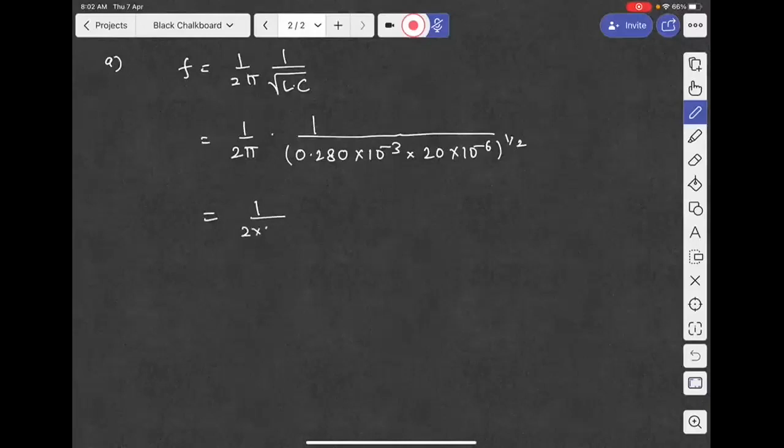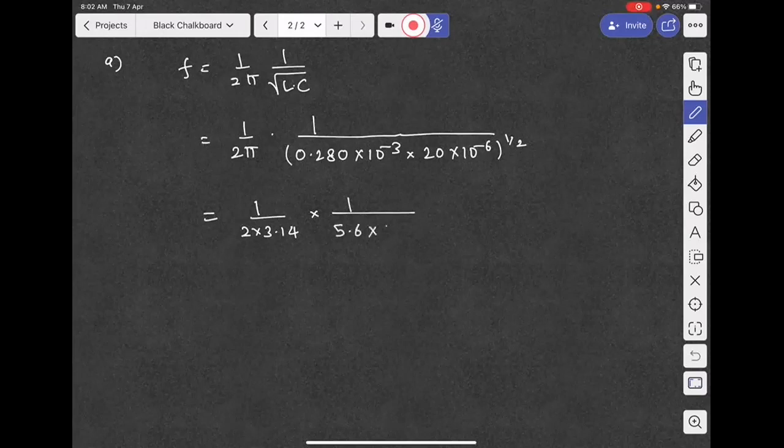Write this also, 2 into 3.14 into 1 upon, let us multiply 20 with 0.28, which gives 5.6 into 10 to the power minus 9, to the power 1 by 2. I can rewrite this as 6.28 into 1 upon 56 into 10 to the power minus 10, to the power 1 by 2.